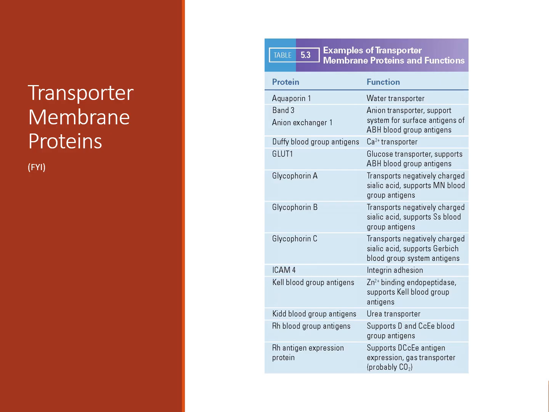Our glycophorin A transports negatively charged sialic acids. It supports MN blood groups, and you're going to learn all about these different antigens when you get to your immunohematology blood bank unit or course.